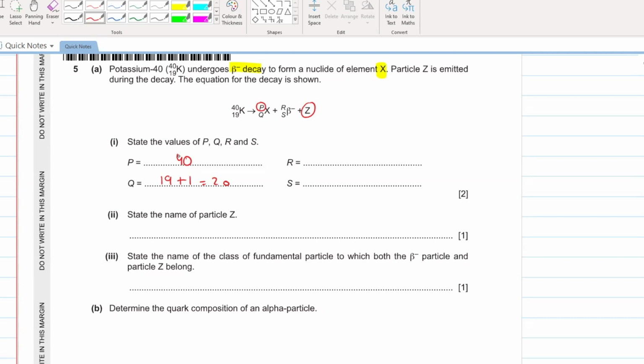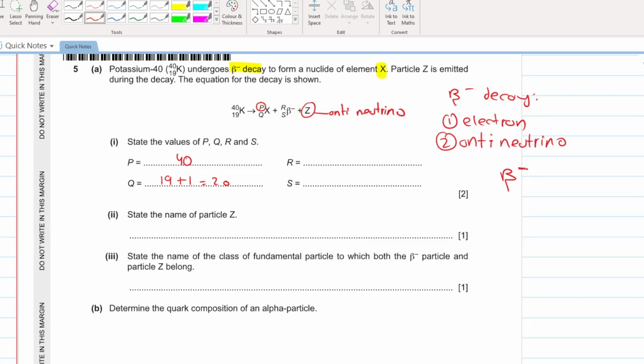Whenever we have a beta negative decay, we have an electron and an anti-neutrino. You can write it here: whenever you have a beta negative decay, which two particles are emitted? Electron and anti-neutrino.